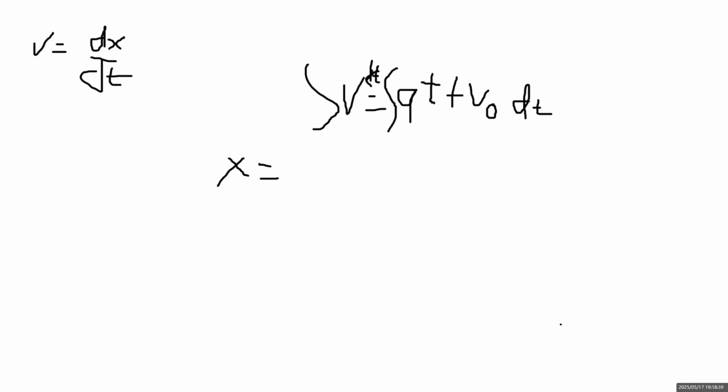So this is going to be the integration of b t to the n dt is going to give b t to the n plus 1 over n plus 1. That's the power rule for the antidifferentiation, and plus the arbitrary constant c.